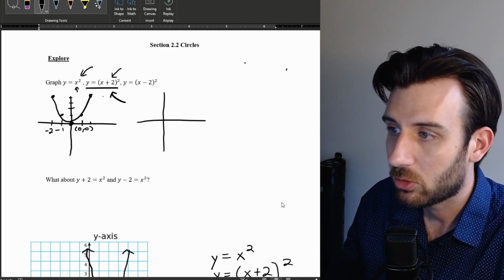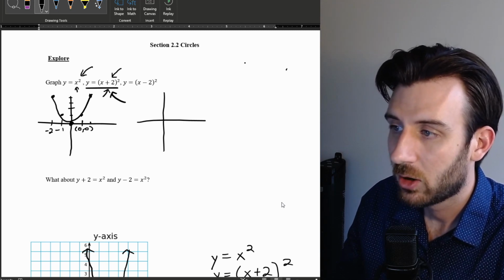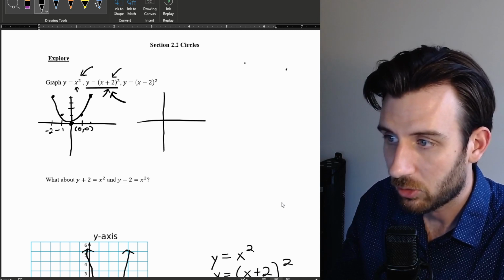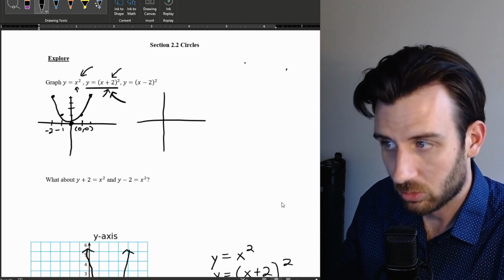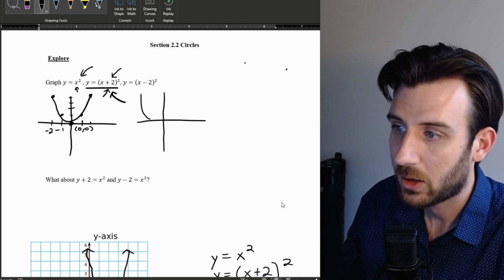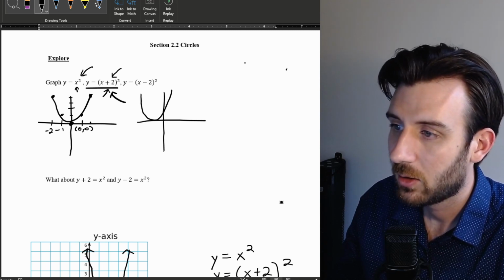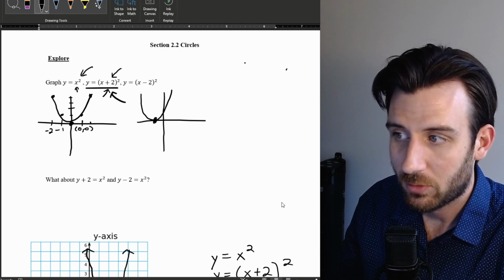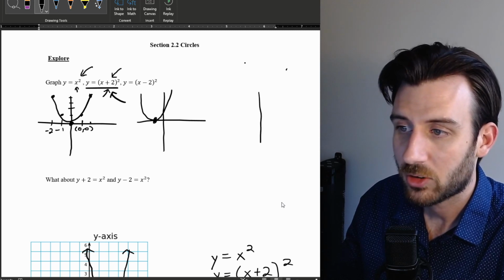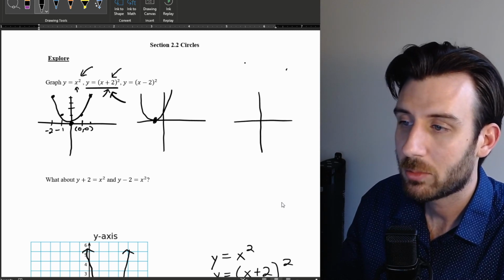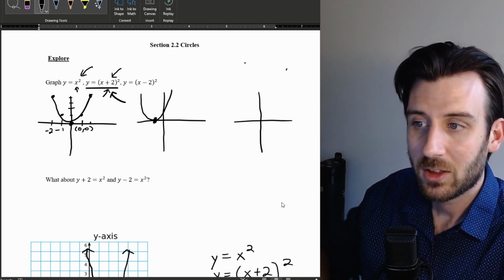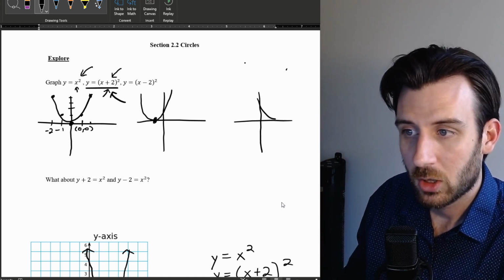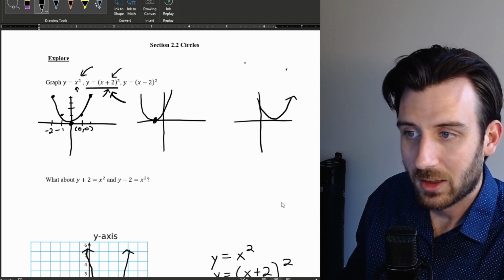It's just that I'm going to shift all of my x values to the right 2, which makes it look like the graph has moved to the left 2. However you want to think about it, it's all the exact same idea. It's going to look a little something like that for the second picture. And for the third one, if I grab my coordinate system and move it over to the left, it's going to make my picture look like it moved to the right. Kind of crazy there.